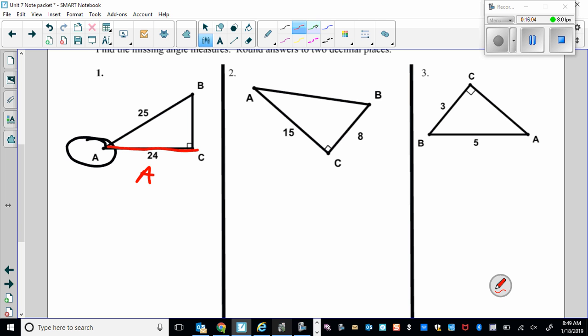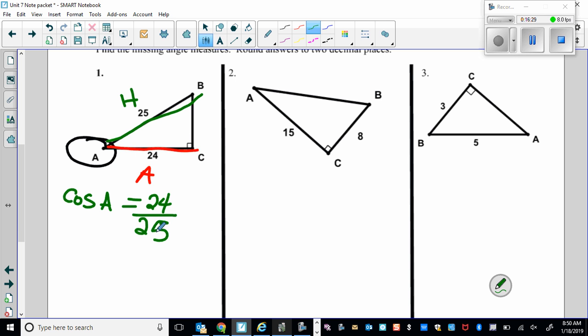And then opposite to the 90 degree is going to be my hypotenuse. Okay, so which trig ratio has AH together? Cos. Good job. So cos has AH. So cosine of angle A, that's the angle I don't know, is adjacent, which is 24 over 25.